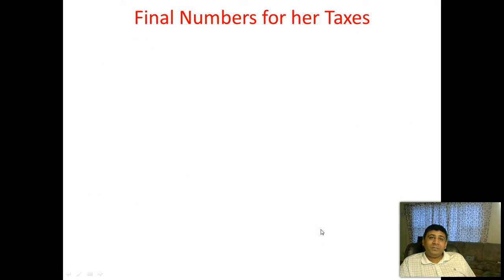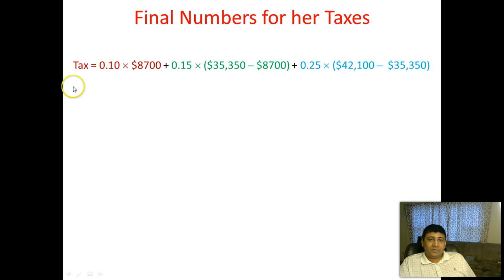So let's look at the final numbers. Her tax will be 10% of the first 8,700. So 10% is written in decimal. We'll multiply these two. And then the green part is anything above this and below 35,350. And then eventually she will be paying 25% tax on anything she makes above 35,350.